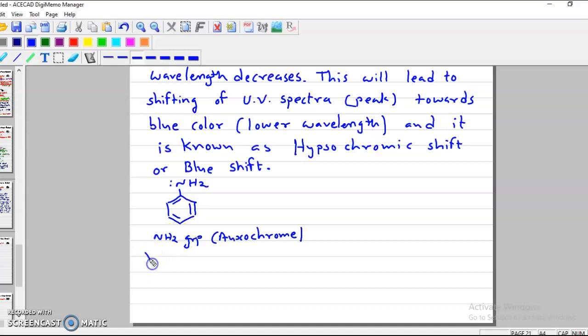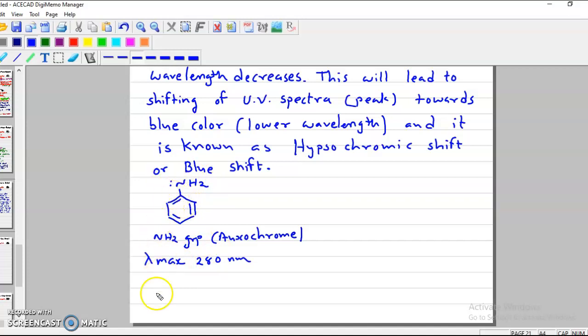If we compare lambda maxima of benzene and aniline, benzene has lambda maxima 255 and aniline has lambda maxima 280 nanometer. This increase in wavelength is because of the presence of the NH2 group on benzene.